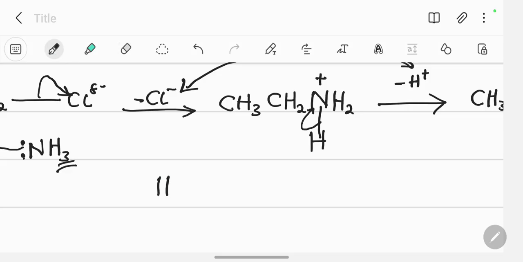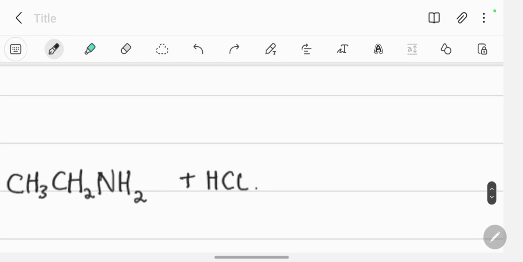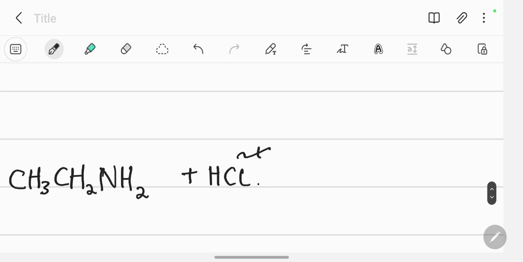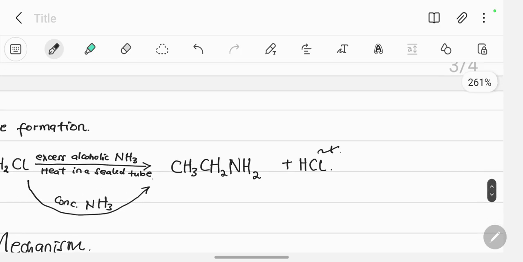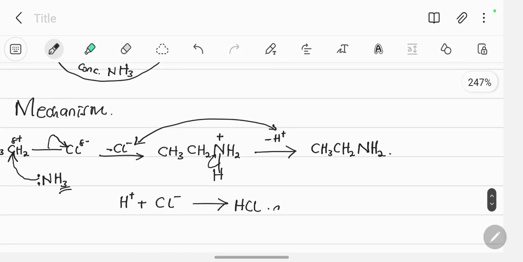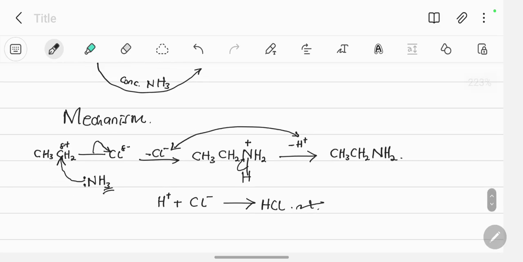So our hydrogen and the chloride have to react to form hydrogen chloride. Now, that's why you will always find hydrogen chloride there. It came as a result of that reaction.